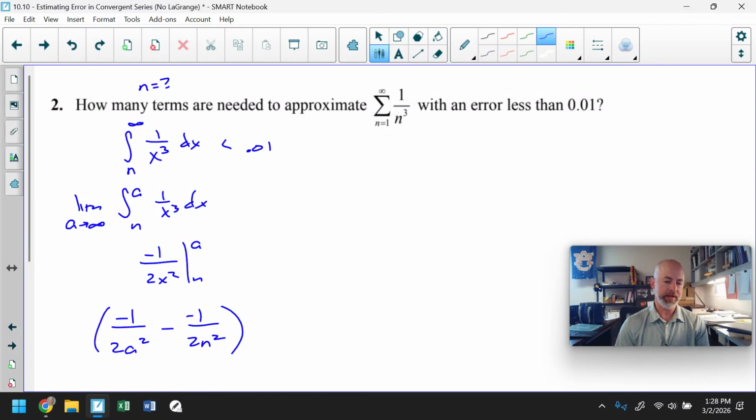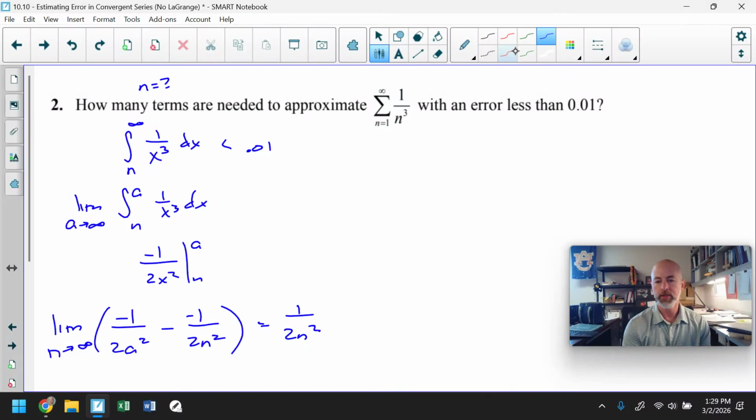And let's bring that limit back, and let's evaluate this improper integral. 1 over 2a squared will approach 0, minus the negative, so 1 over 2n squared is the answer to the improper integral. But now we need to figure out what n needs to be so that this improper integral gives you an answer less than 0.01.